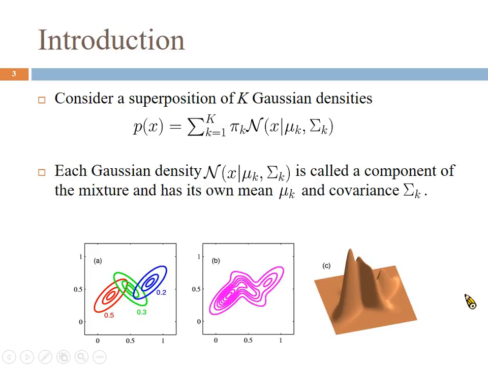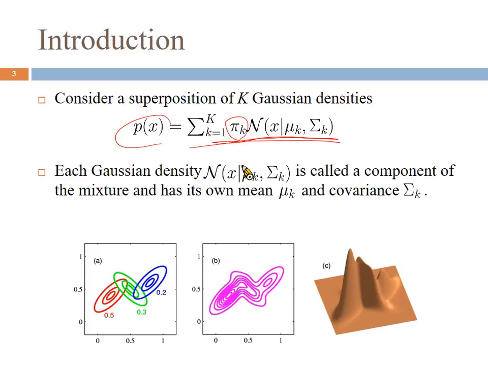So mathematically, we can describe any probability distribution, for example, the probability distribution of x, by a linear combination of K Gaussians. So here we linearly combine K Gaussians.